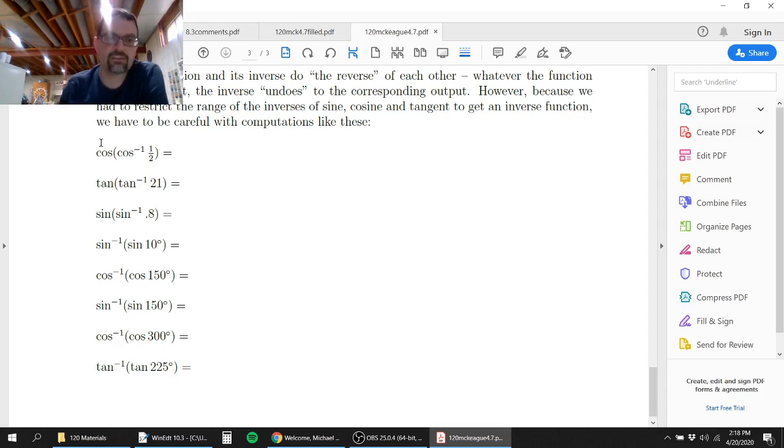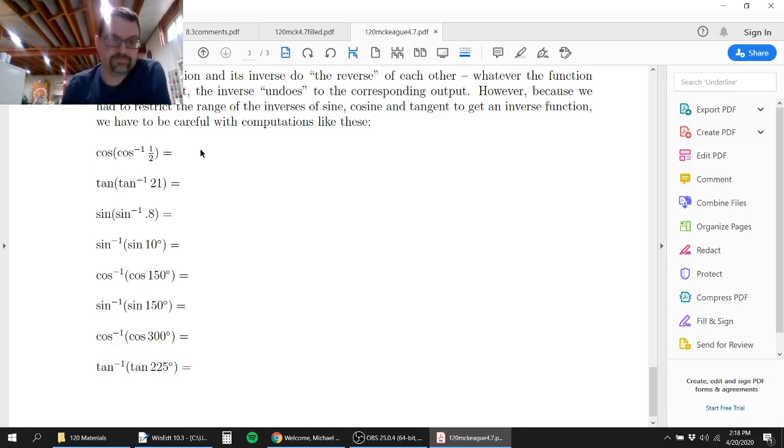So if you take the cosine of an angle whose cosine is 1/2, you get 1/2. That's kind of the point. All right, inside the parentheses, the result is an angle whose cosine is 1/2. And then we take the cosine of that thing and get 1/2 back again. All right?